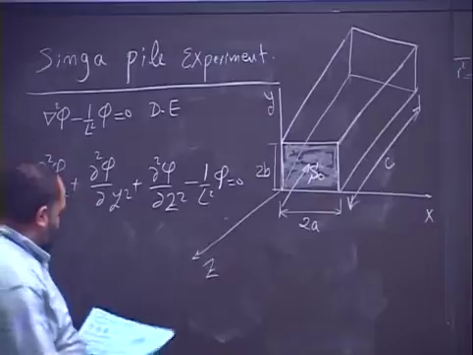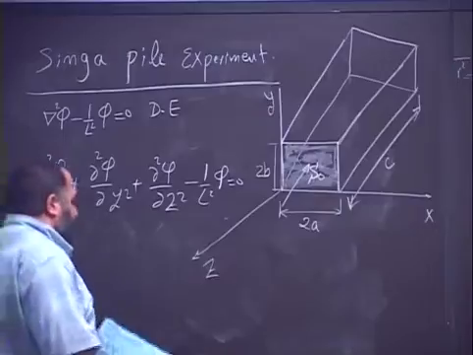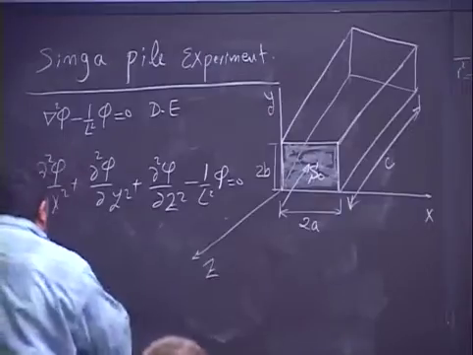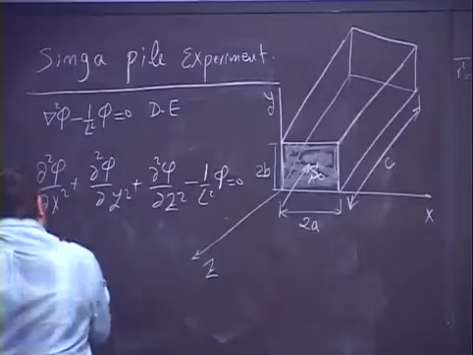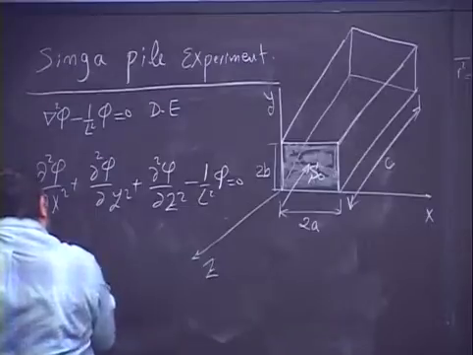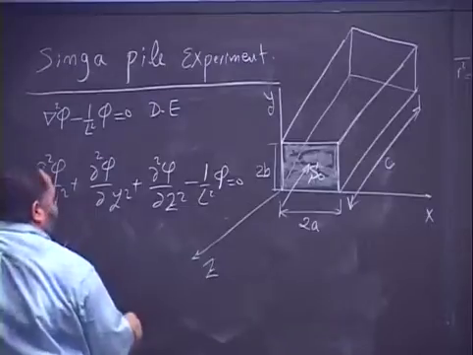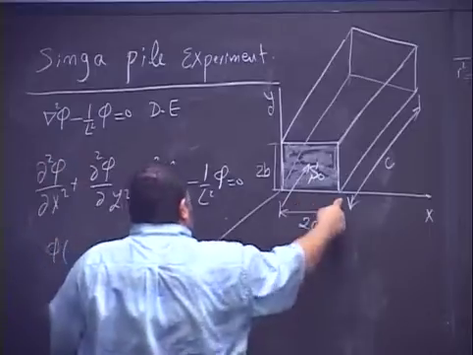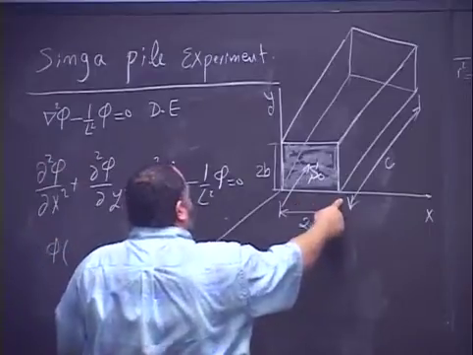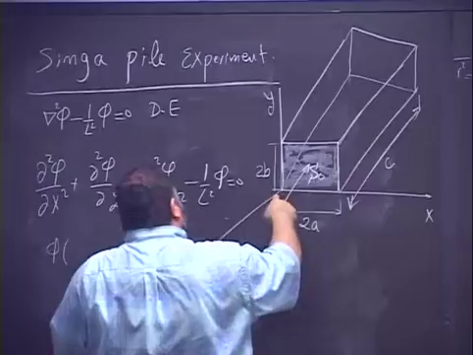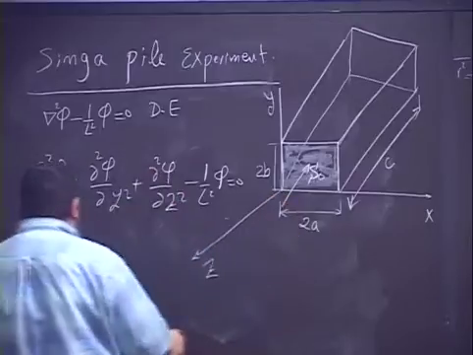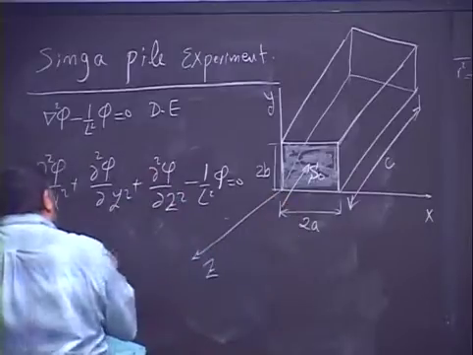So the way you solve this equation, of course you will have boundary conditions. So what are the boundary conditions? It's the flux at A extrapolated and negative A extrapolated should be equal to what? 0.